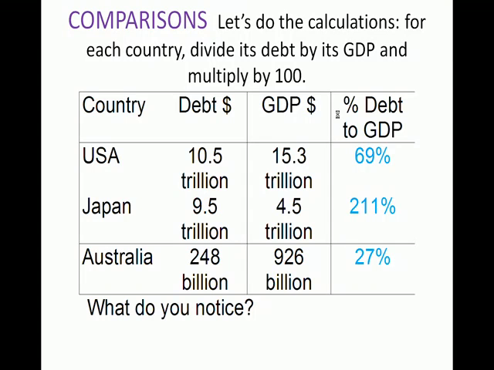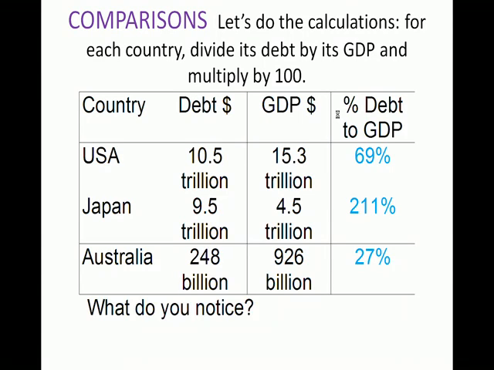Dividing 10.5 trillion by 15.3 trillion and multiplying by 100 gives us 69%. We don't have to worry about the trillion. The same unit of measurement is used in both debt and GDP, so all we have to do is divide 10.5 by 15.3 and multiply by 100 to make it a percent, and we get 69%.